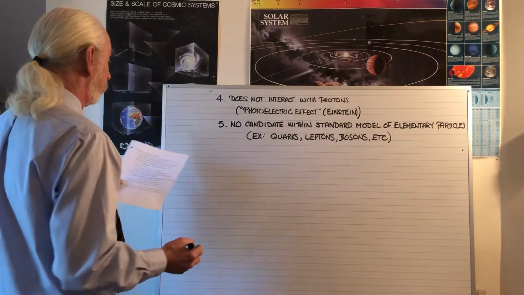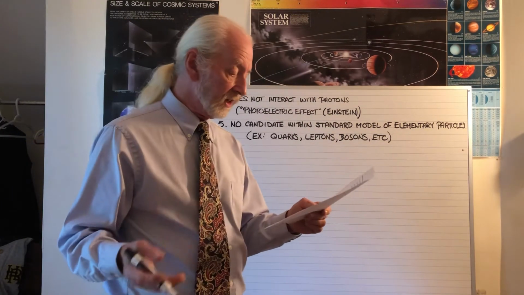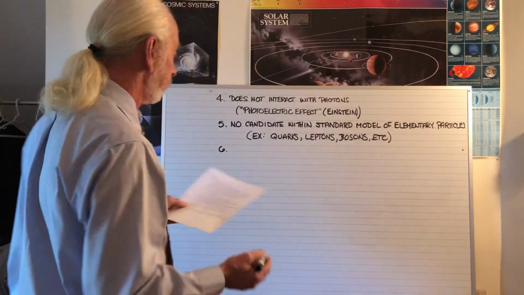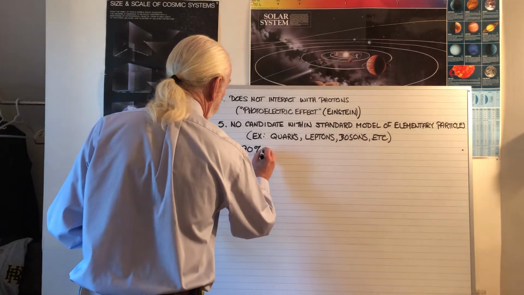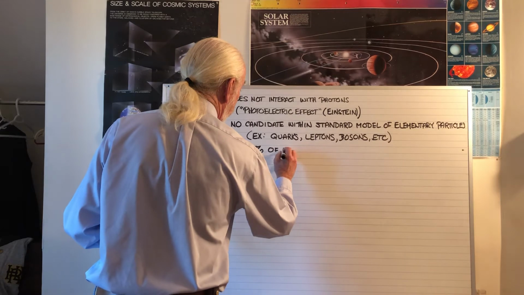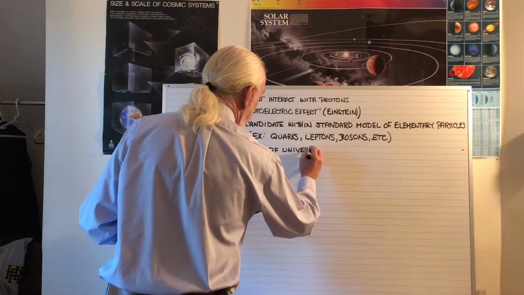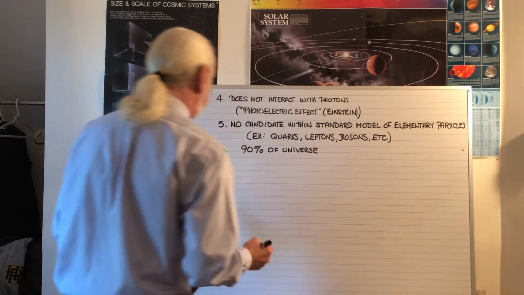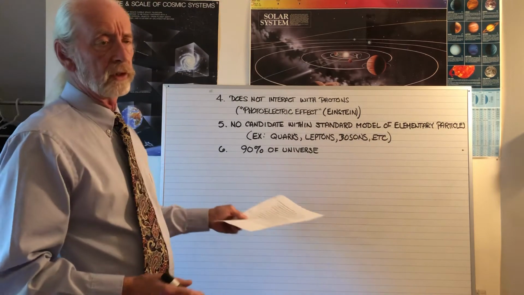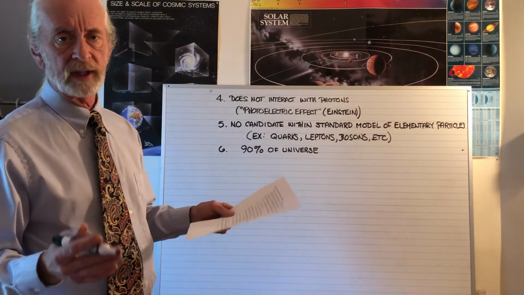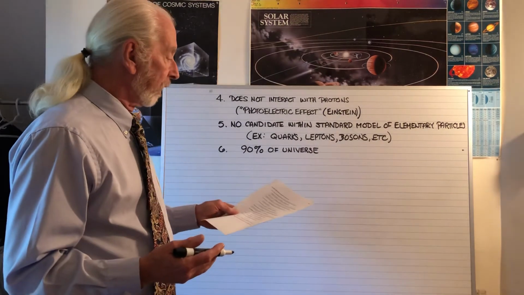So by the late 1990s, it was thought to make up 90% of the universe. Now that would seem to run into opposition with what we talked about right at the outset in terms of what percentage of the universe dark matter makes up: 23%.